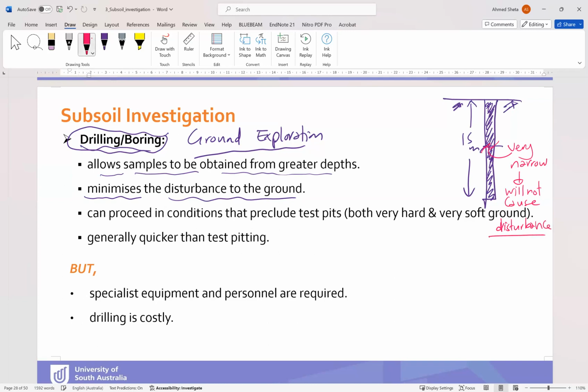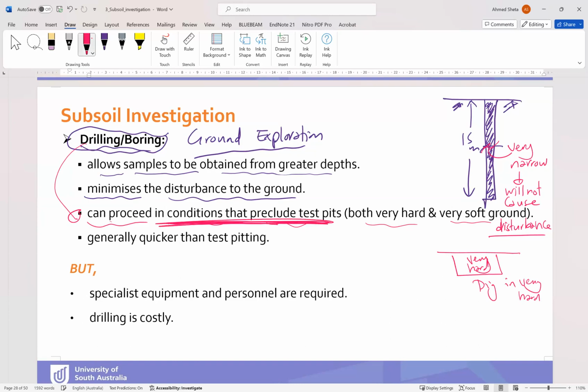Okay. Also, we can proceed in conditions that prevent test pits, both very hard and very soft ground. For the pits, if the soil is very hard, it might be hard to dig inside. But for drilling or boring, it can proceed in these conditions.